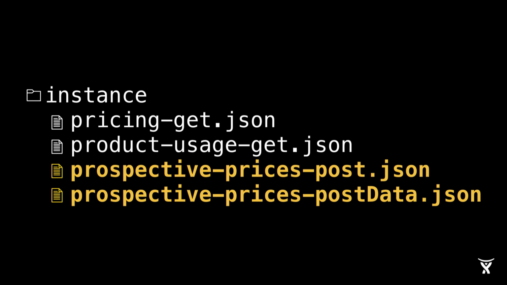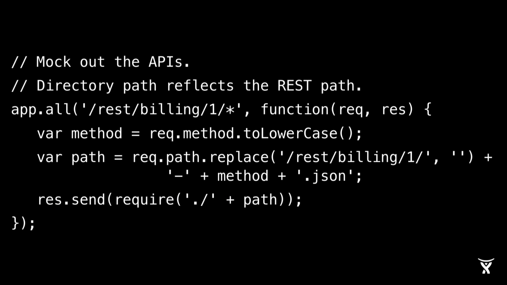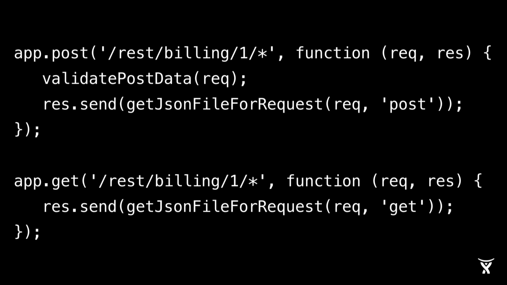In order to fix this, we added an extra JSON file, the post data JSON. Within this file, it had the JSON data blob that we expected as part of the post data payload. And of course, we had to then modify our mock server. So instead of handling everything in an app.all, we now had to split the post and the get.